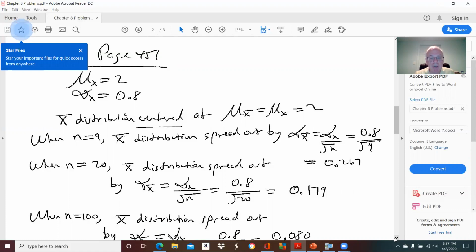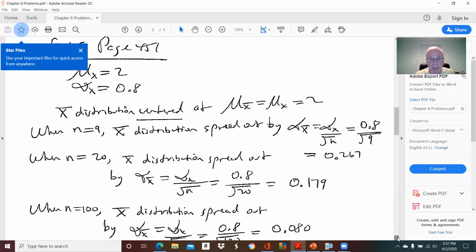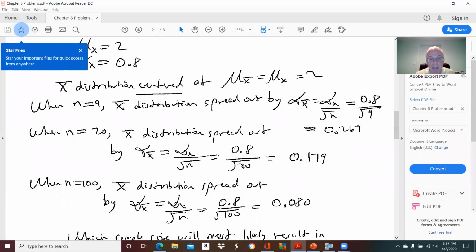But the standard deviation of the sampling distribution, which we call the standard error, goes down as n increases. So what is the standard deviation when n is equal to 9? It's 0.8 divided by the square root of 9, 0.267. When we increase to n equal to 20, notice it goes down to 0.179. And then when n is equal to 100, the standard error is 0.08.